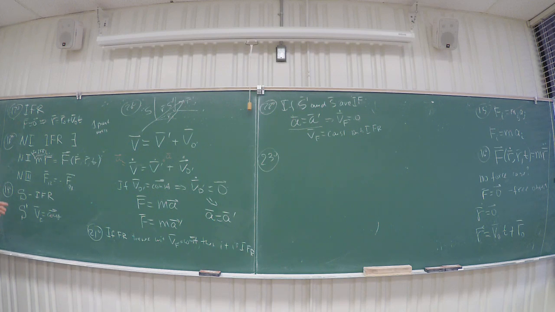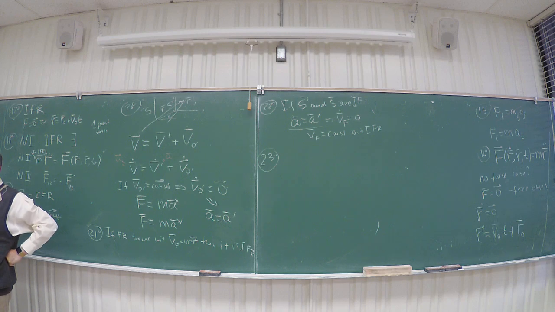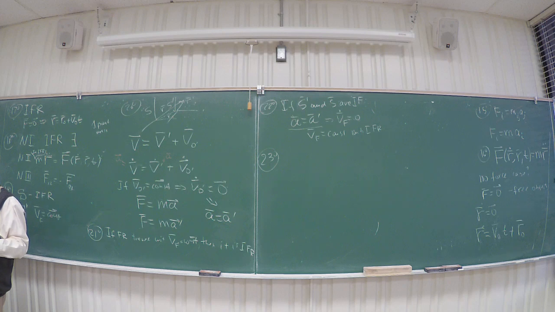Another consequence is that if force is equal to 0, it does not mean that the object stops, right? Aristotle would say it will stop, no force, no motion. Newton says no force, no acceleration. Means that if you had initial velocity, you will stay that way. And the first person who realized that was Galilei.